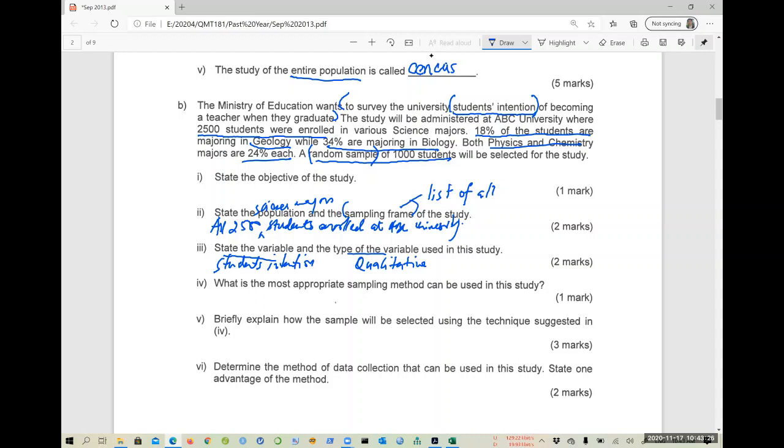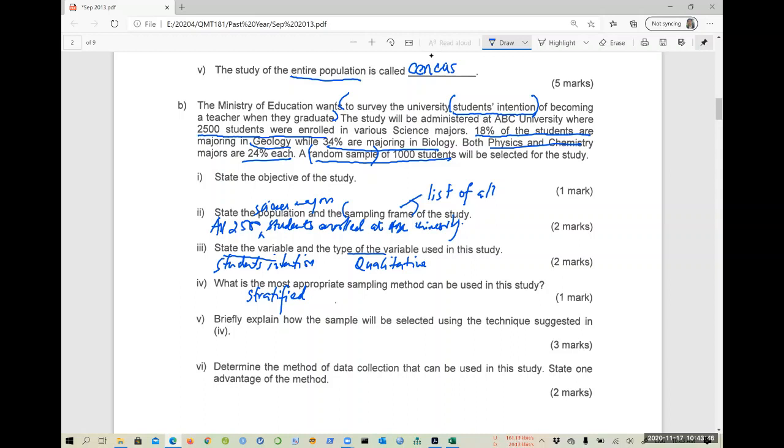When you want each of the groups to have representatives in the sample, then it's going to be stratified. So in this case, the answer will be stratified sampling.